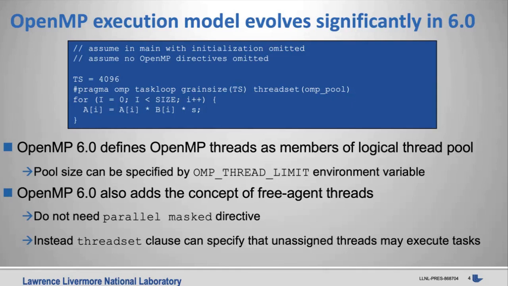Anyway, there are a number of other clauses and constructs and OpenMP runtime routines that support this concept of structured threads versus unstructured threads, some additional environment variables, and I encourage you to go and look at the OpenMP 6.0 examples document and look at the part on free agent threads in that document.